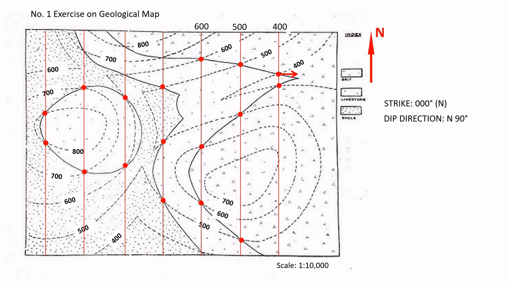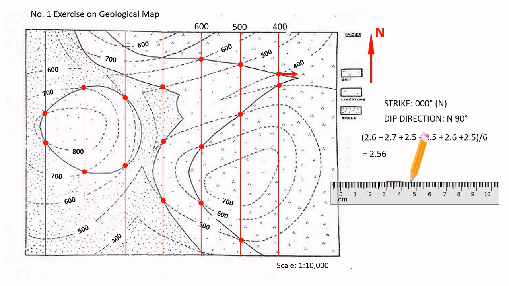The angle of dip represents the steepness of the rock bed's slope. To determine this, first, measure the average horizontal distance between two consecutive strike lines, which is 2.56 cm on the map in this case. Then, draw a horizontal line of 2.56 cm on a piece of paper.